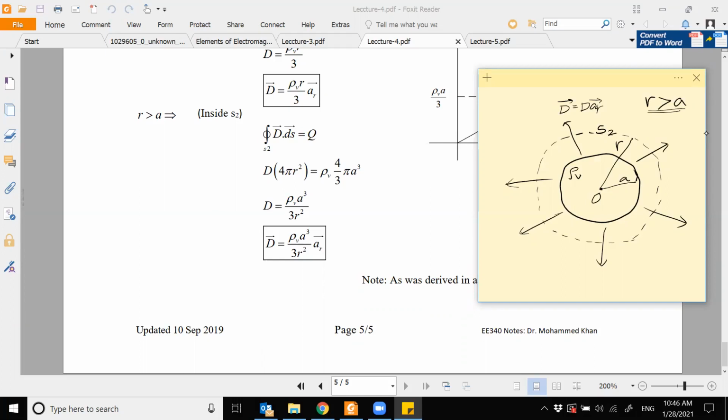Now let's apply Gauss's law here. So what will you get? The closed surface integral over S2, this spherical shell, of D bar dot dS bar is equal to the charge enclosed. Now again, D bar is D times AR. What will be the unit normal of the spherical shell? We have already done this for the point charge, and it is the same.